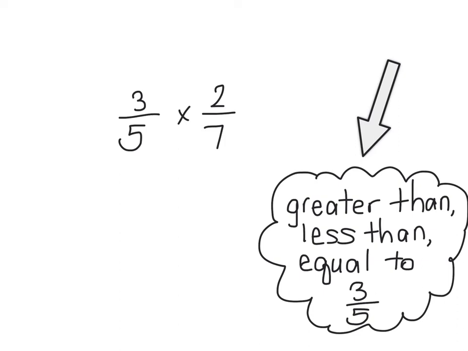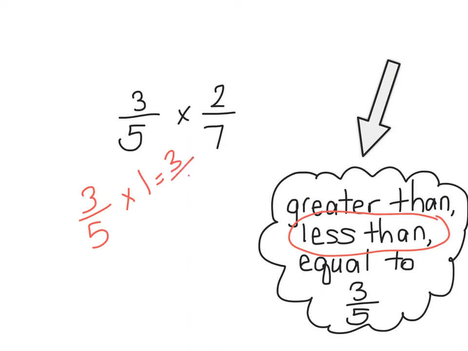So if I am multiplying it by a fraction of 1, I am going to get a number that is less than 3/5, I'm sorry. So 3/5 times 2/7. Think about this. 3/5 times 1, any number times 1 is itself, would be 3/5. If I am multiplying by a number that is a fraction of 1, I am going to get an answer that is less than my original number.